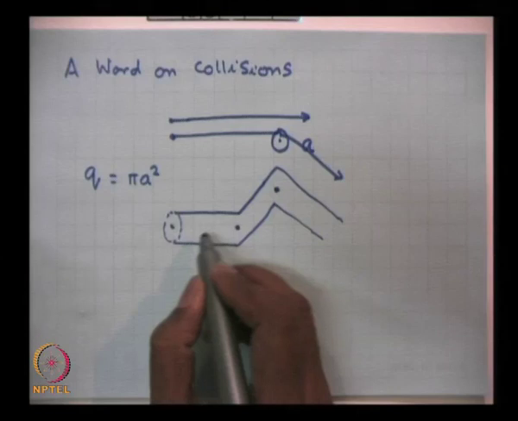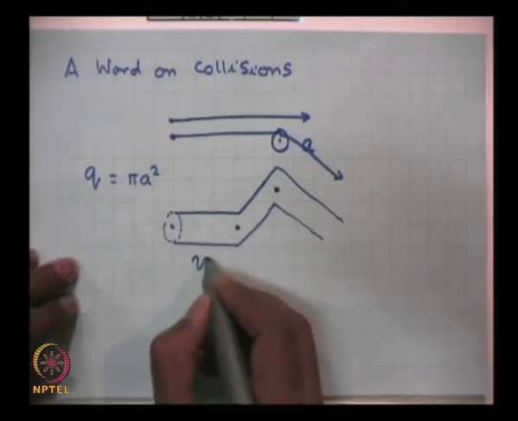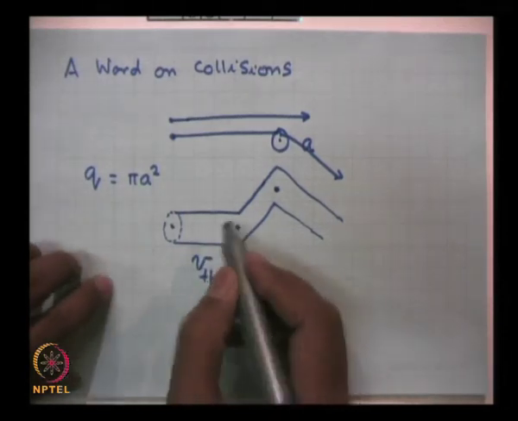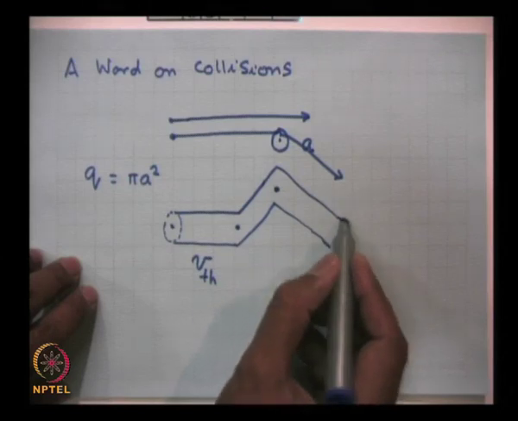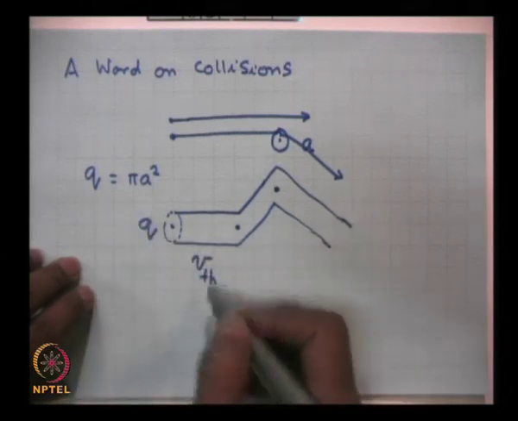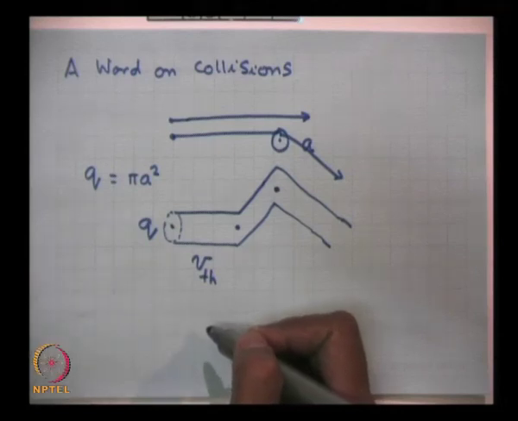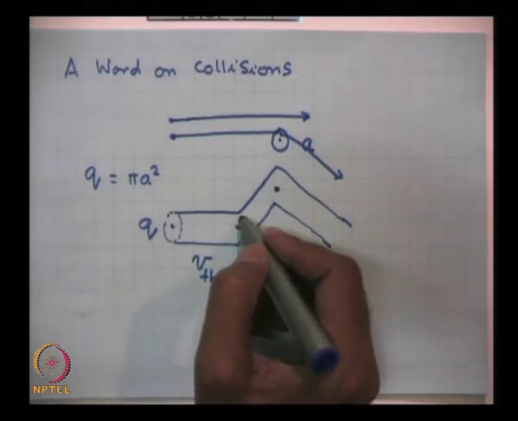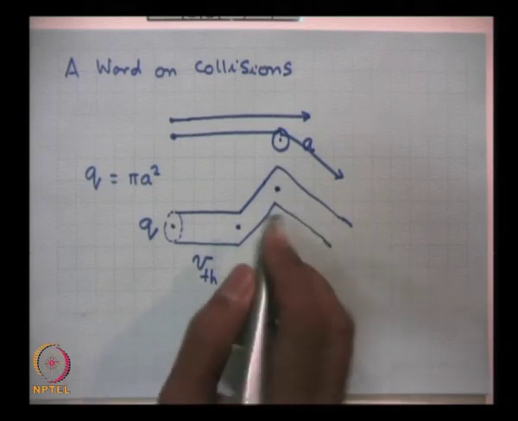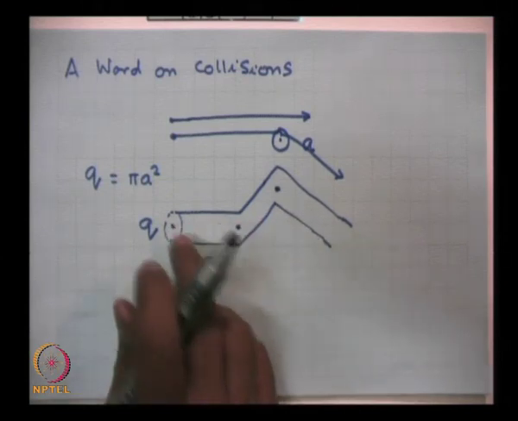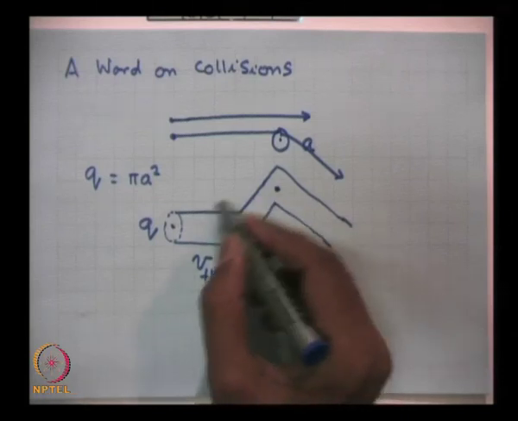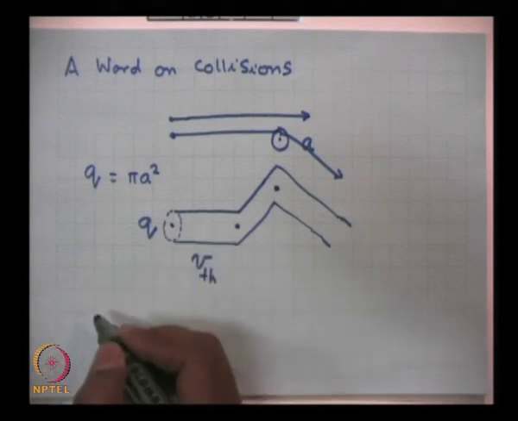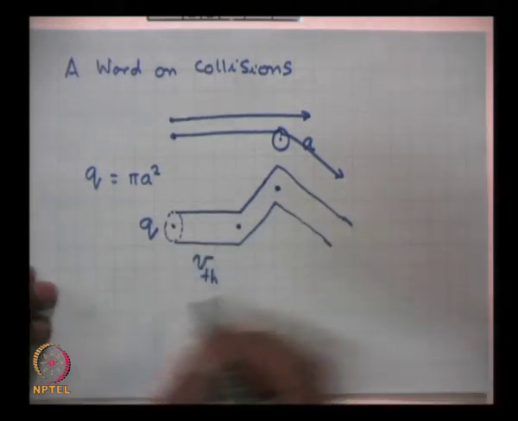So, what I can say is that if the electron is moving a distance of the order of V thermal, the thermal speed, in 1 second, it will traverse a zigzag kind of cylinder of cross section Q and length V thermal, and the number of collisions it will suffer in 1 second is the same as the number of scatterers it will encounter on its way, because the scatterers which are outside will not collide with this. So, only those scatterers which are lying inside this cylinder will be colliding with this electron. So, what is the total volume of this electron cylinder?